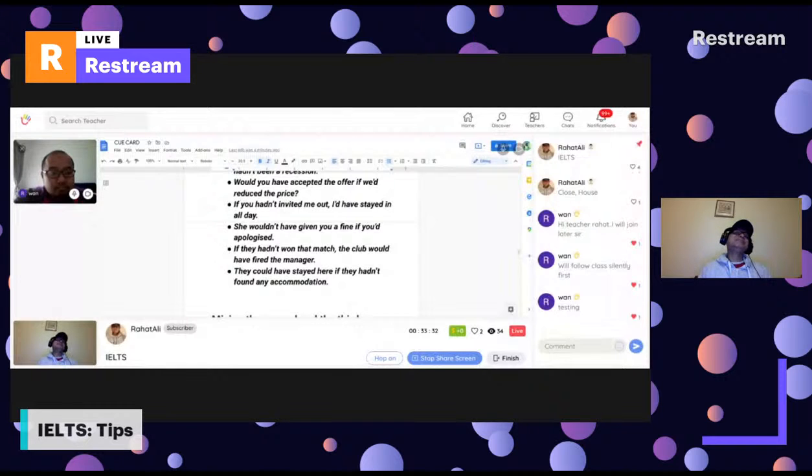What is reading? Reading means they give you a paragraph. In the academic test, there are academic paragraphs, which have more advanced vocabulary and grammar structure. In writing, there are two types of tasks: task one and task two. For general writing, task one is either an application or a letter, minimum 150 words in 20 minutes, and task two is like an essay.